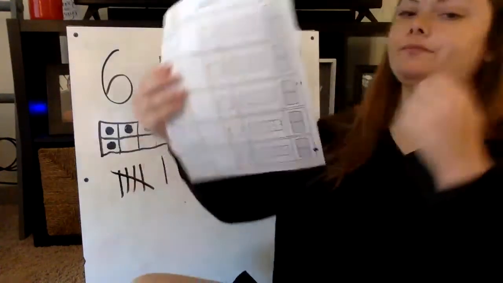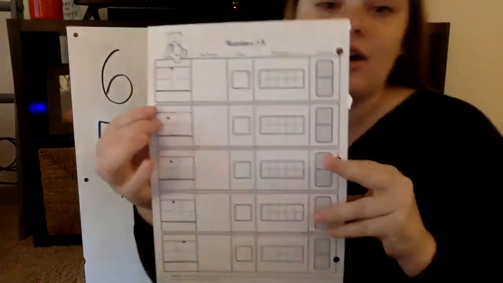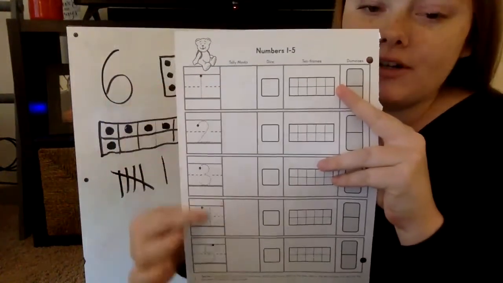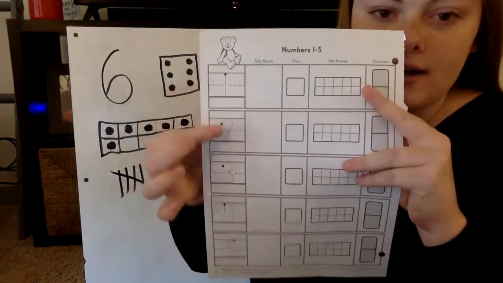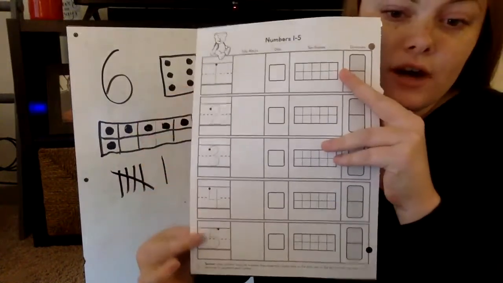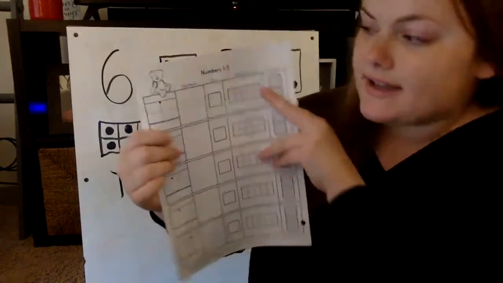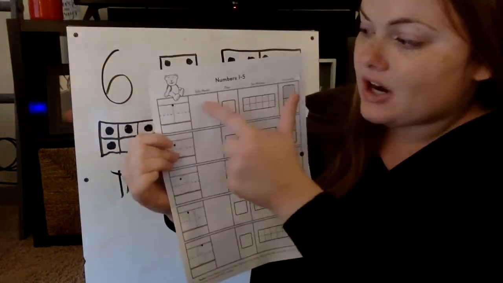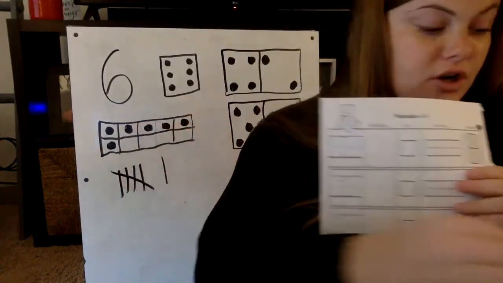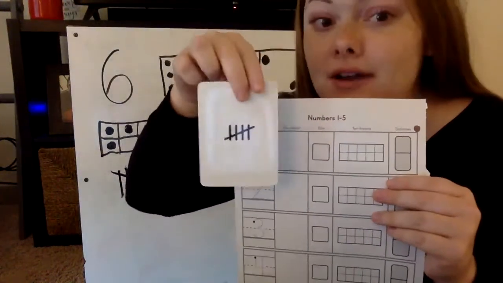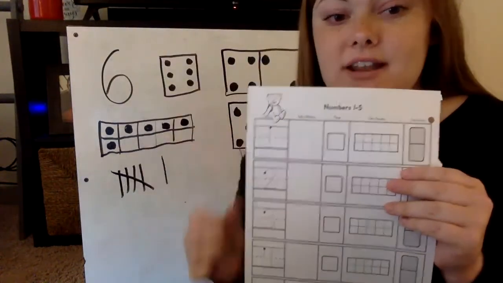So on here, this is what you're gonna do, right? You see your numbers here. You see number 1, number 2, number 3, number 4, and number 5 are all in this column. And so you're gonna trace it. And then here is our tally marks. So you're gonna show me in this box our tally marks, and you're gonna have to count them out and make sure they equal this number, right?